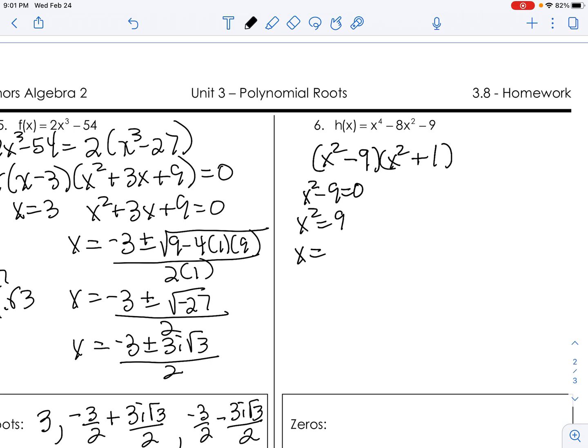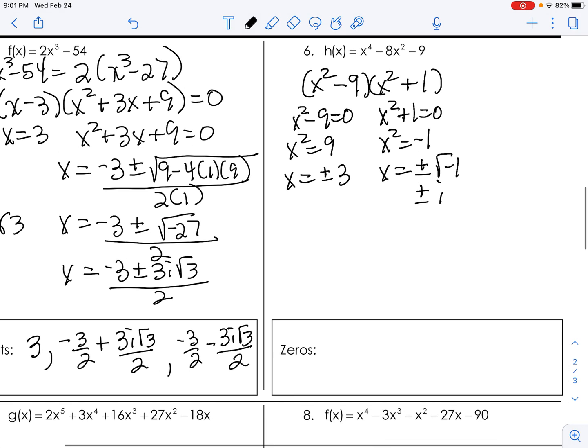X squared equals 9. X equals plus or minus 3 because you're square rooting. X squared plus 1 equals 0. X squared equals negative 1. X equals plus or minus the square root of negative 1, or plus or minus i. So your zeros: 3, negative 3, i, negative i.